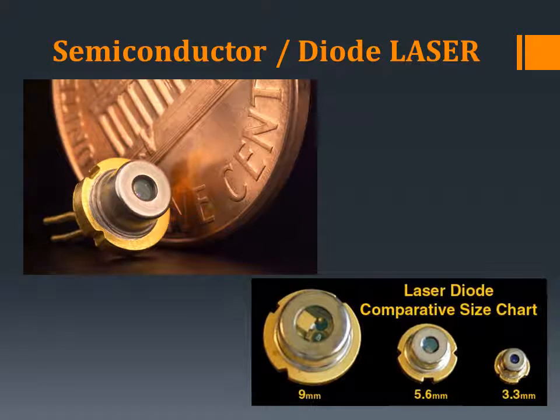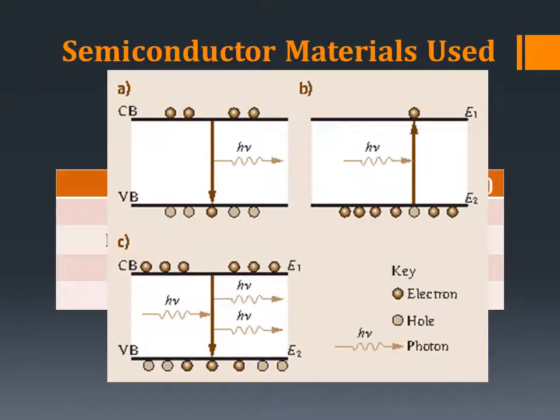This is a size comparison chart of a semiconductor diode laser. It's very small, of the order of a few millimeters. A list of compound semiconductor materials with different proportions and emitting laser light in the IR region is shown here.